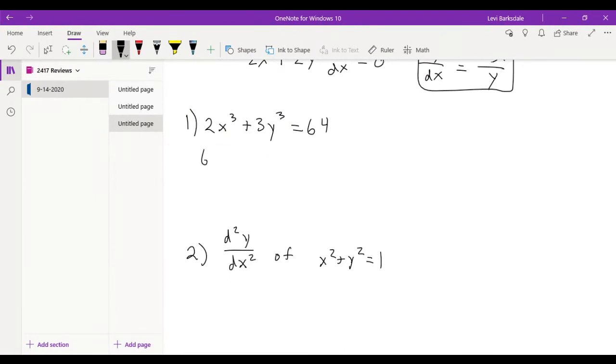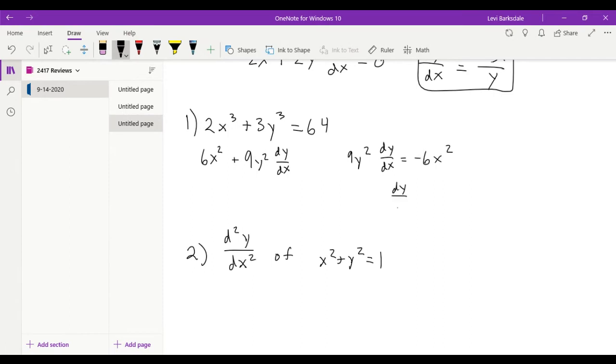Our 2x cubed becomes 6x squared. Our 3y cubed becomes 6y. Sorry, that should be a 9y squared dy over dx. So then 9y squared dy over dx becomes negative 6x squared.